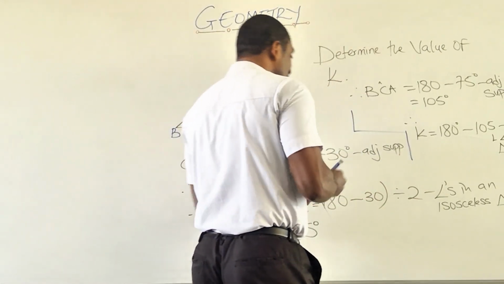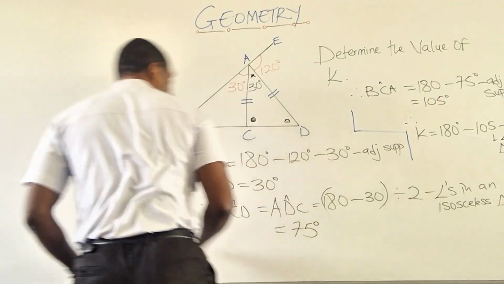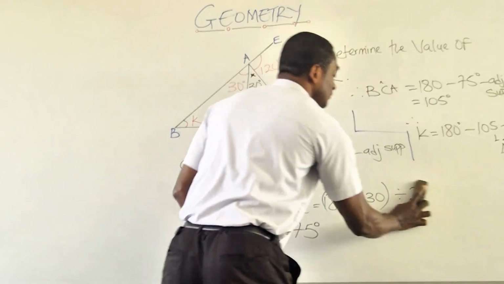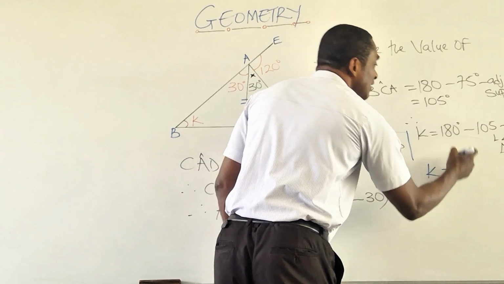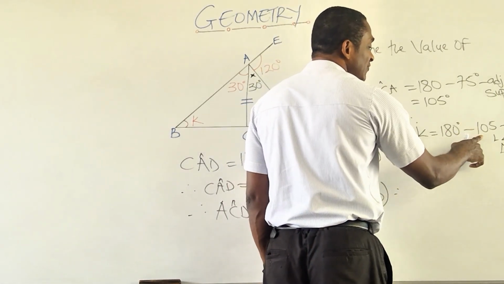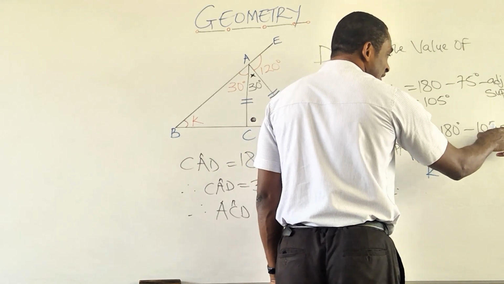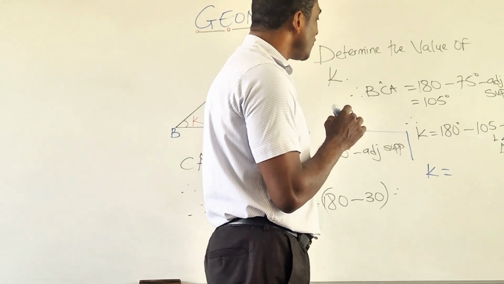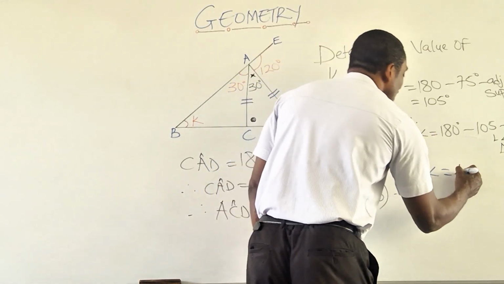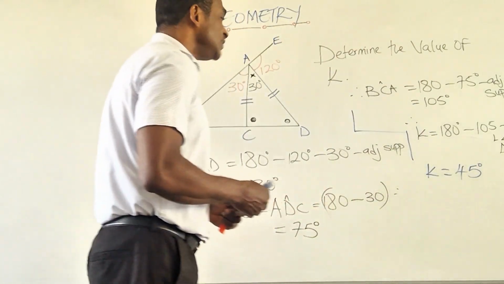Because of that, the final answer here, our K will then be 180 minus 105, which is 75, minus 30, that is 180 minus 135, and that will give us 45 degrees.